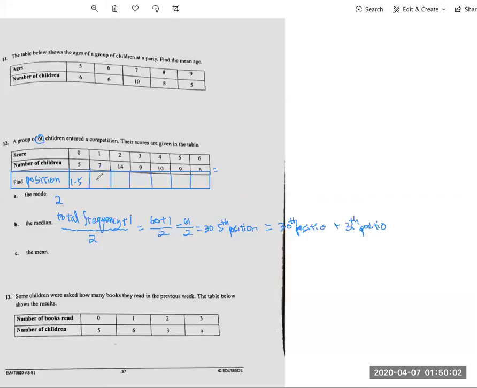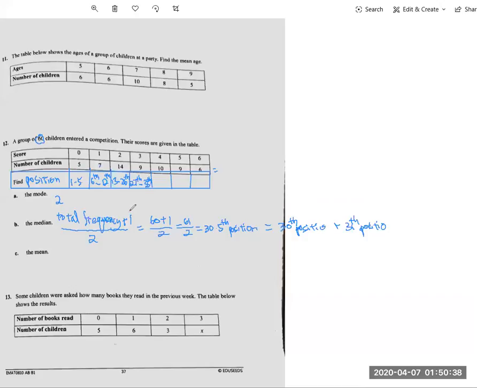Because the next column will start with 6 position. Where you end, you just take the 5 plus the 7, gives you 12 position. The next one is 13. Take the 12 plus the 14, gives you 26 position. Now it's 26, the next one will be 27. Then where you end is 26 plus 9, they give you 35 position.